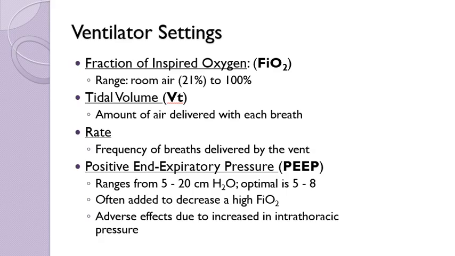So if my vent is set at a rate of 16 and my patient is breathing 20, then I know that my patient is taking 4 spontaneous breaths every minute. But never, ever, ever should the patient have a respiratory rate on the vent less than their vent set rate. They can never breathe less than the set rate.